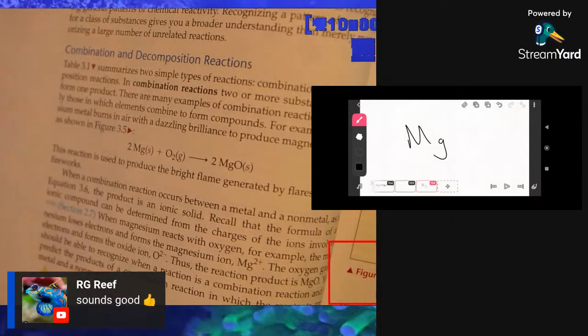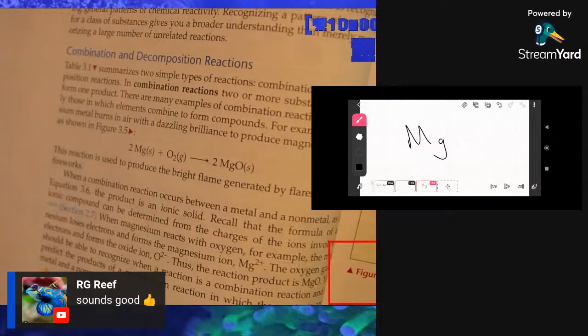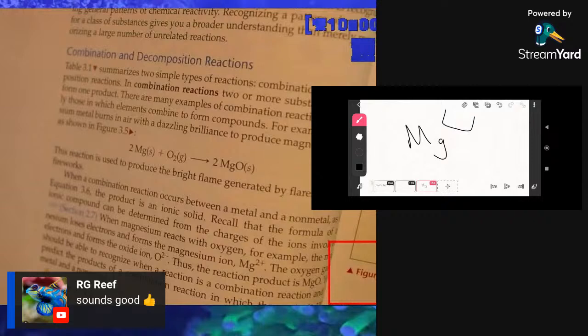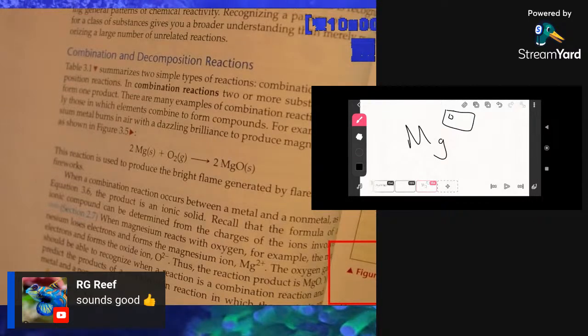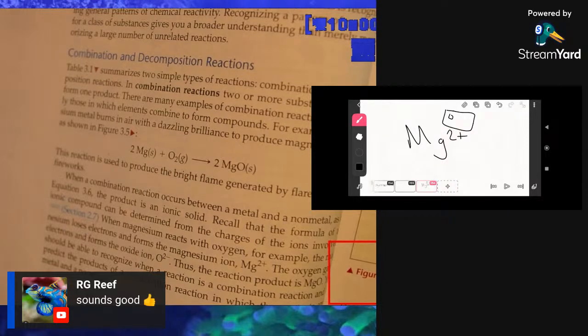Anyways, we're saying magnesium 2+, right? So when you go look at the periodic table, you're gonna see magnesium is gonna be right here. When it forms a charge, it doesn't matter if it's solid, liquid, or gas, it's gonna form a 2+. That means magnesium is right there on the periodic table.